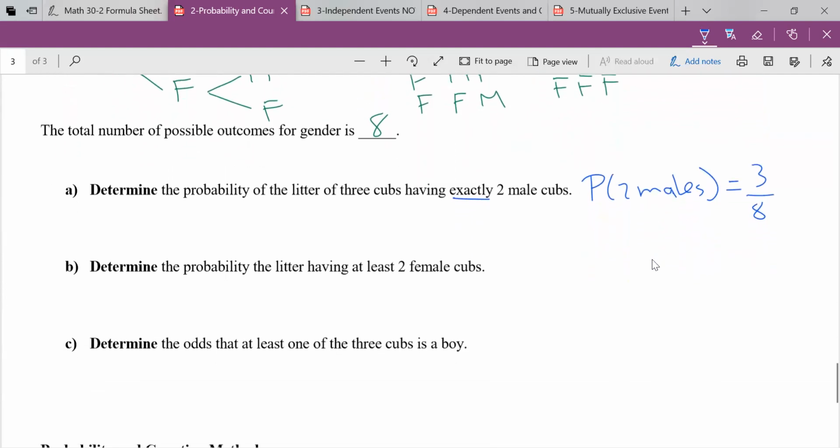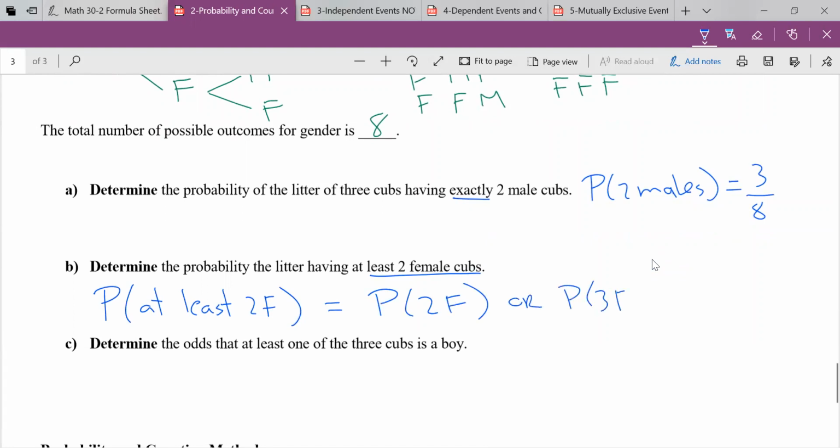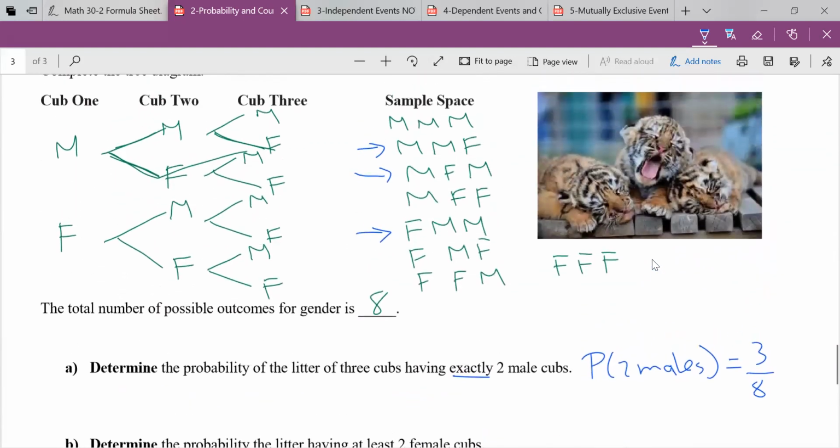Okay, B, determine the probability of having at least 2 females. So P, at least 2 females. Well, what is that? That word at least means I'm going to get the probability of 2 females, or the probability of 3 females. And remember, the word or in mathematics means we're going to add. So how many ways can I get 2 females?